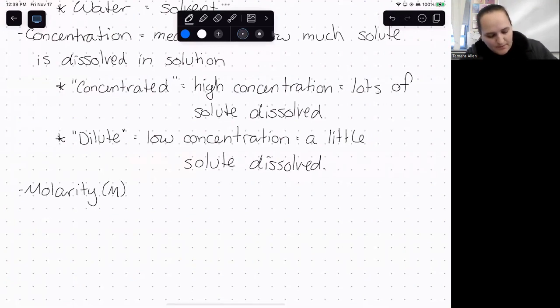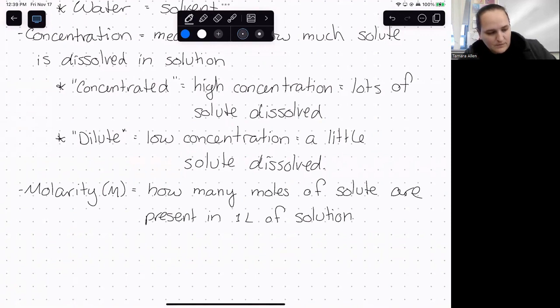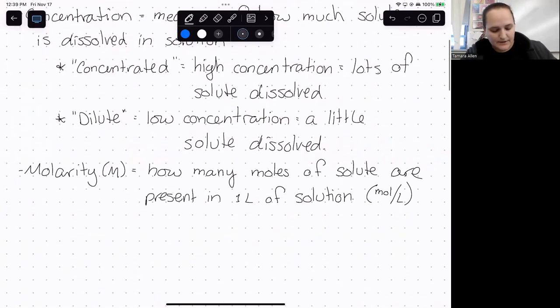It is symbolized with a capital letter M. And molarity is specifically how many moles of solute are present in 1 liter of solution. So you will often see this expressed as moles per liter or capital M. Those two things can be used interchangeably as the unit.